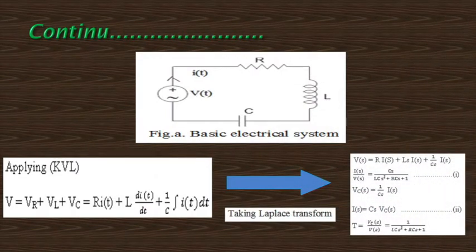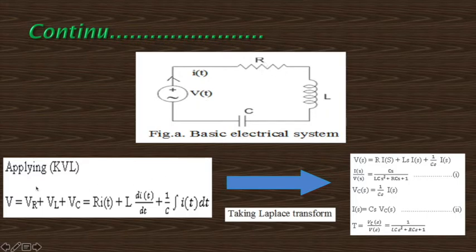Here in the figure, an RLC series circuit is given. The resistor is an energy dissipating element, the inductor stores energy in a magnetic field, and the capacitor is an electrical element which stores energy in an electric field. Here the voltage is v(t), the current is i(t), and R, L and C are given.